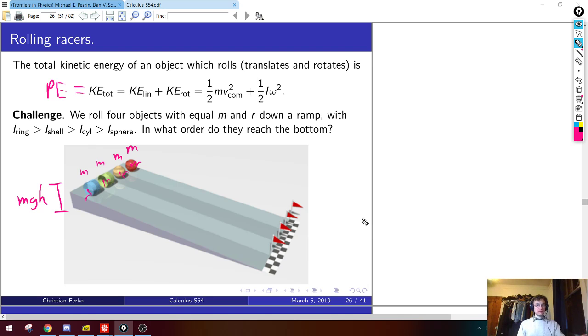Let's see. Is 1/2 mv squared the same for all of these? No, that's the point. They have different speeds, right? The one that has the bigger speed reaches the bottom first, right? So this equation is different for each of these guys.